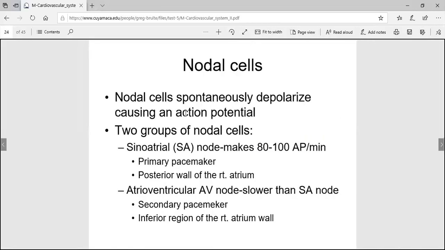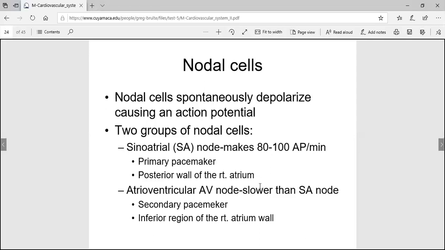So let's pay attention to the SA node. What if I ask, what's the normal pacemaker of your heart? And you say, SA node. You can call it SA, that's fine with me. It stands for sinoatrial. Now, if that one goes out, you have another one called the AV node, atrioventricular, but it's going to fire slower. So you normally default to the one that's going the fastest. Say you have a patient with a normal resting heart rate of 72 or so, then they come in a month later and all of a sudden their heart rate's 50.